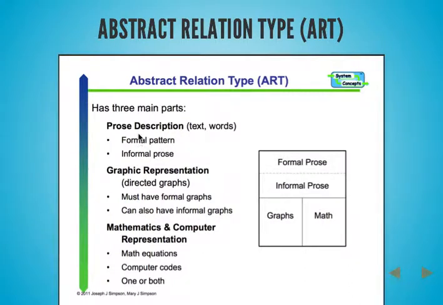The abstract relation type also has three main parts: a prose description, a graphic representation, and a mathematics and computer representation. The grid we're working on here and the mathematics that drive it are the displayed graphics and the mathematics piece. The artifacts on the website have the rest of the information about the abstract relation type.